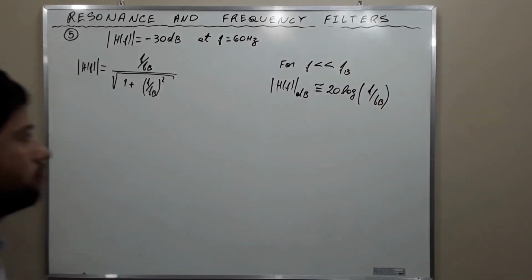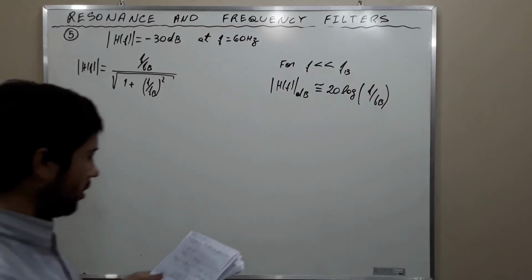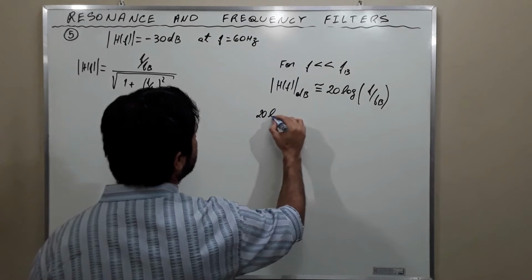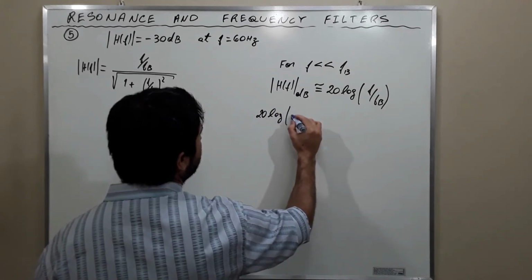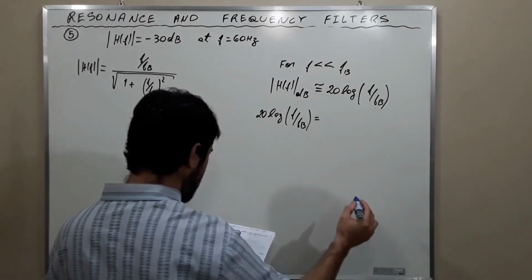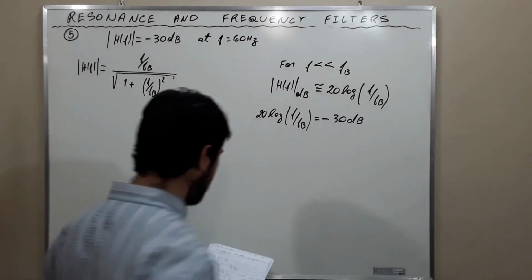Okay? Simple as that. With this expression, we can use the values provided by the exercise. Therefore, 20 times the logarithm of f over fb will be equal to negative 30 decibels. Okay?